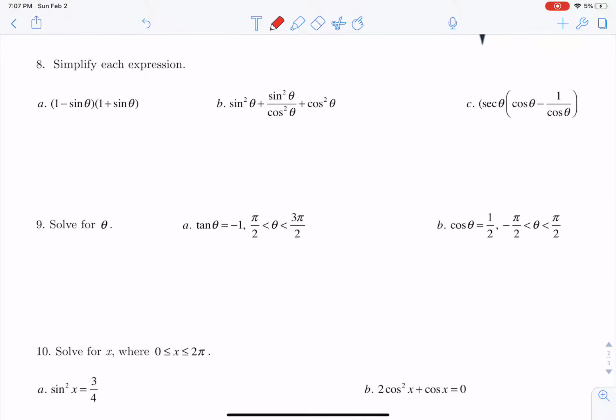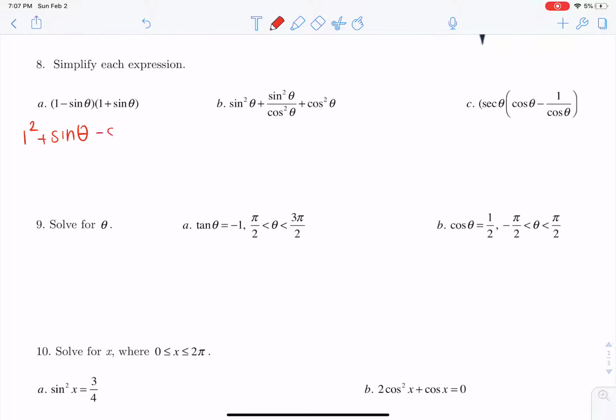And then here we have simplify each expression. Here I just want to show you that we can FOIL or distribute with trig functions, just like we're able to if we had regular values here. So 1 times 1 gives me 1. 1 times sine of theta gives me plus sine of theta.